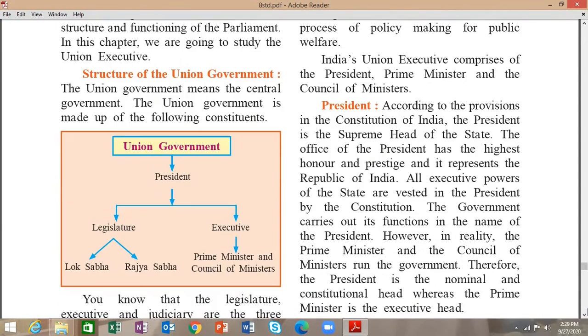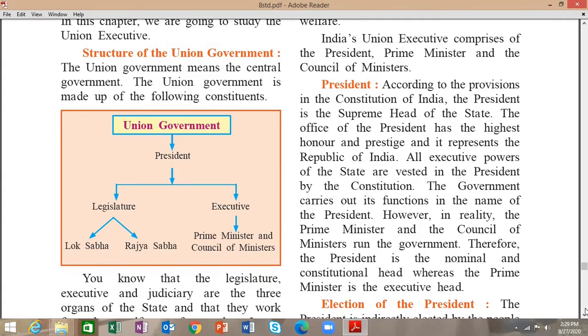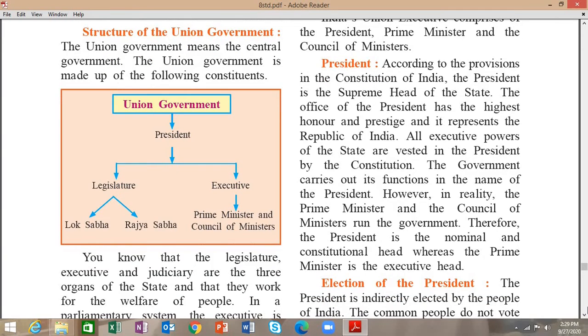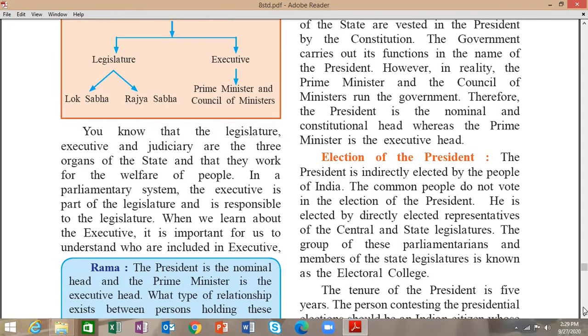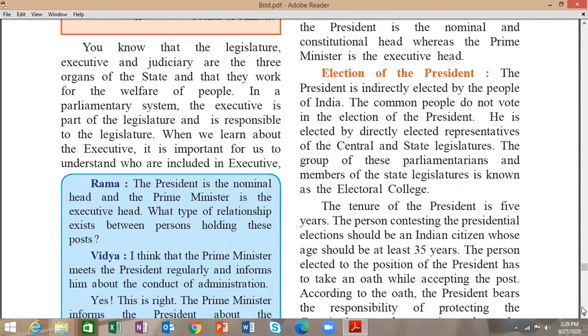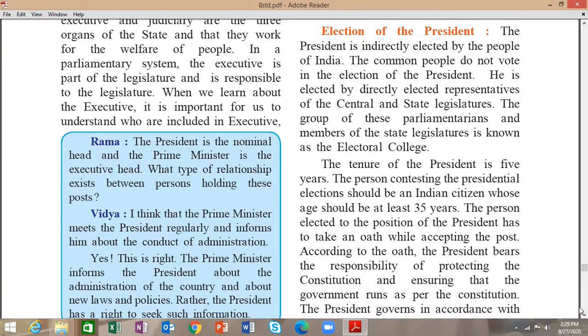And we have also seen in the first part that the President's office is the highest honor and of prestige. He is just a nominal head and he is elected by the electoral college. Once he is elected as a president, he remains in office for 5 years.